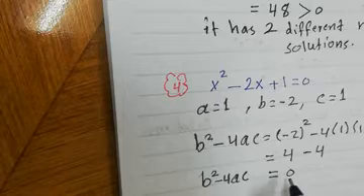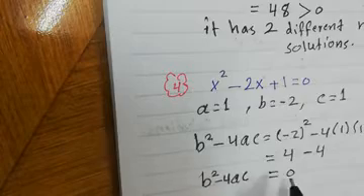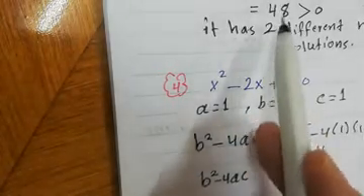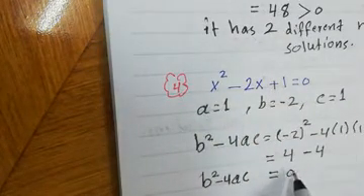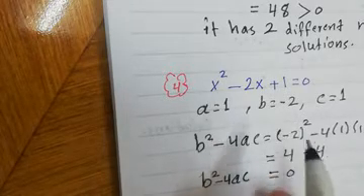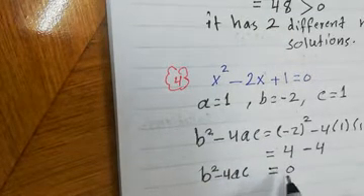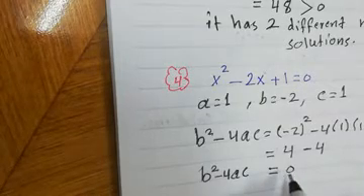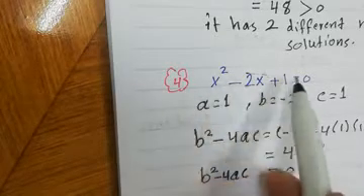The first case, if you remember, if the discriminant is negative, there is no real solution. And if the discriminant is positive, like these two examples, number 3 and number 2, there are two different real solutions. And the third case, if the discriminant equals 0 exactly, means this equation has only one real solution.